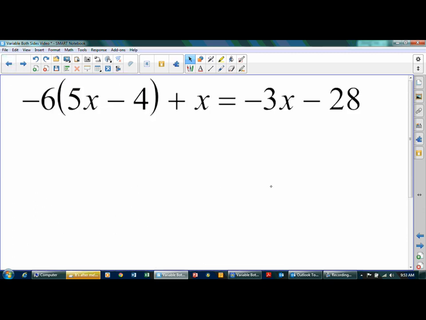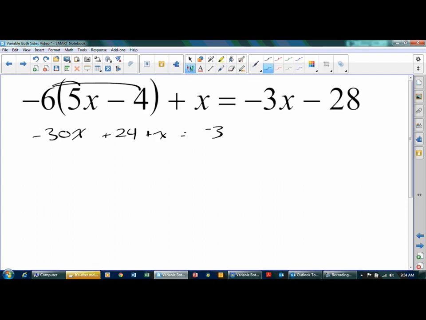Okay. Again, we start with the distributive property. And so that's negative 30x plus 24 plus x equals negative 3x minus 28.